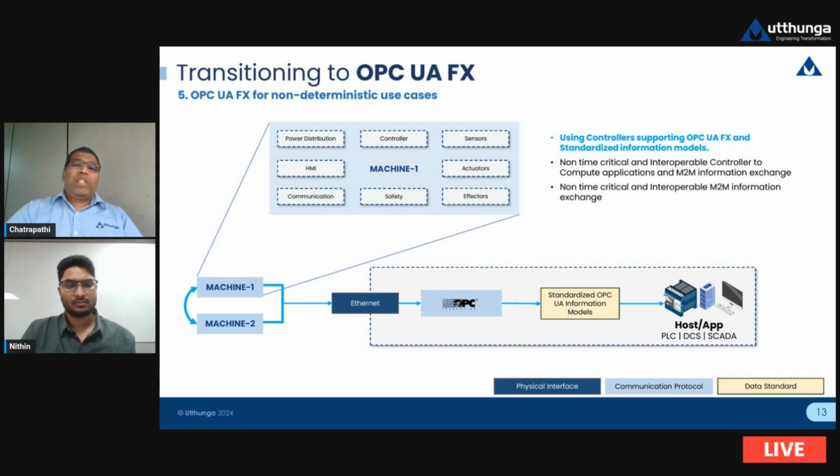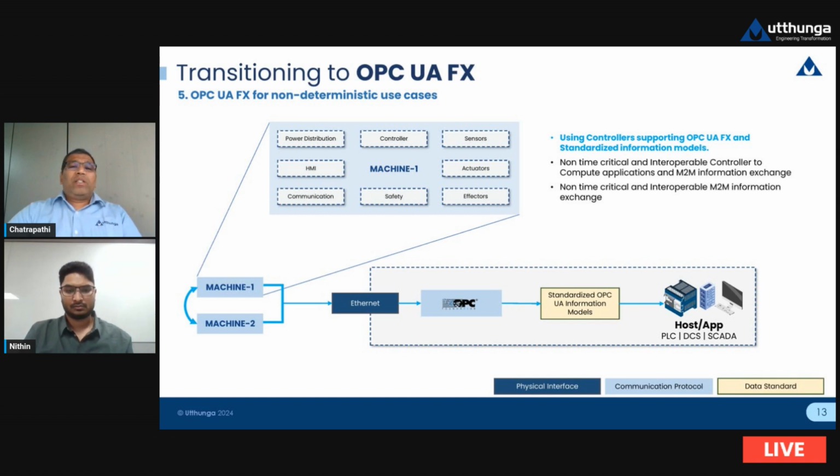Within OPC UA FX, there are rich tools with which you can define or describe the device, and then you can configure different data sets, and then define connections to establish between these machines, exchanging these data sets. So the whole workflow is there with which you can establish machine to machine communication.